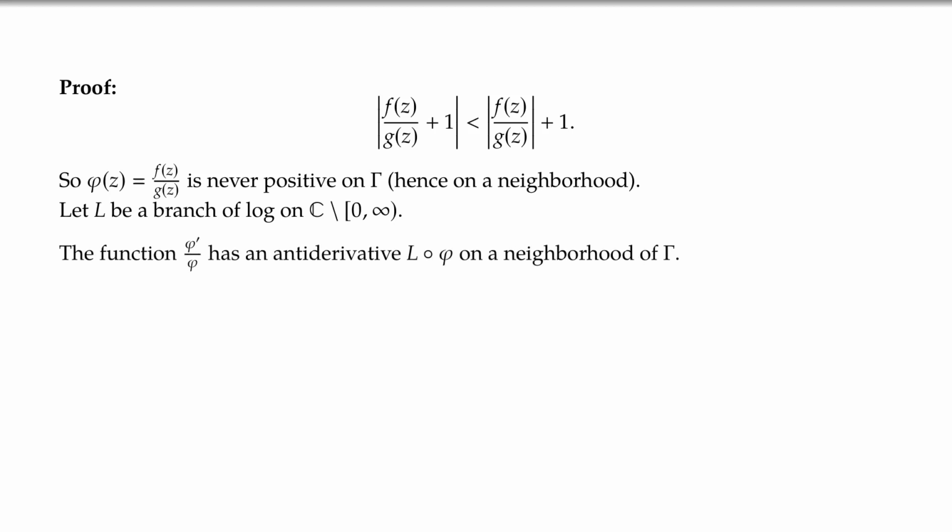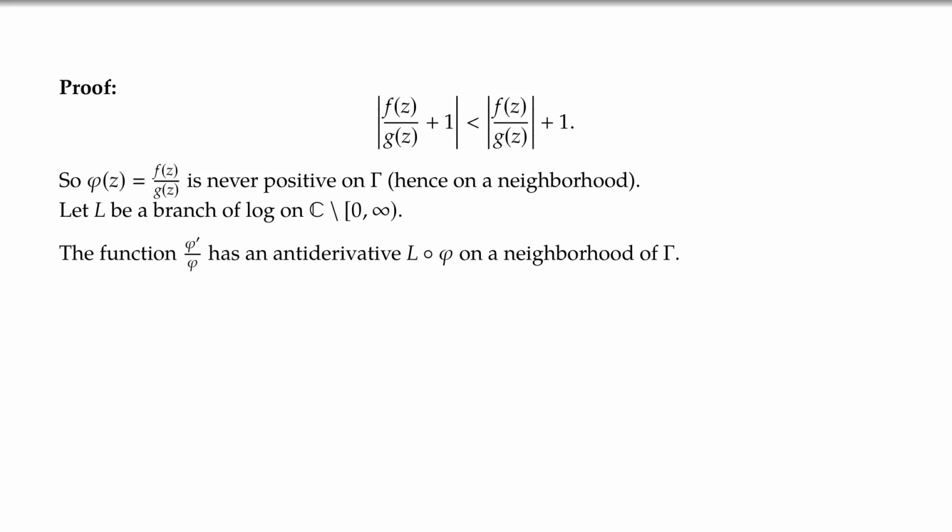Well, the function phi prime divided by phi has an antiderivative. It's really the log of phi, and so it's L composed with phi. But this is a well-defined antiderivative in a whole neighborhood of gamma, because phi is never non-negative. It's never zero.